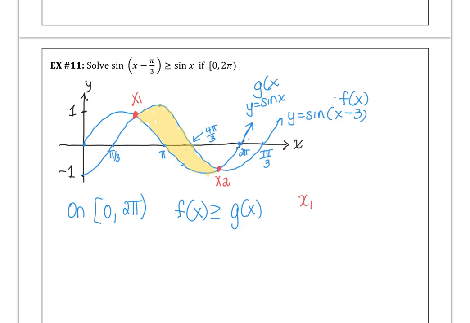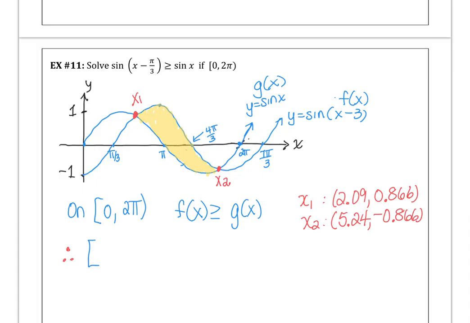That x sub 1 point is at 2.09, 0.866, and the x sub 2 intersection point is 5.24 and negative 0.866. Therefore, we know our interval goes f is greater than g on 2.09 to 5.24 inclusively.